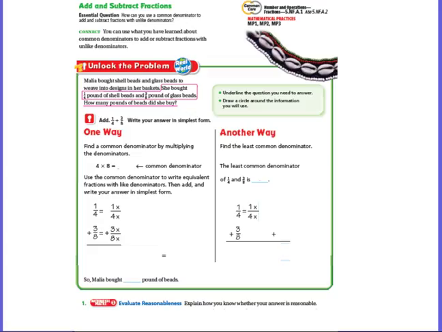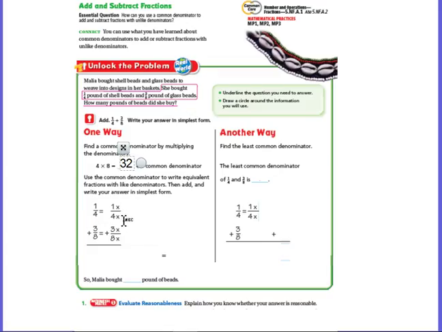So we know we're combining the two kinds of beads together, so we're going to add. One way we can do it is find a common denominator by multiplying 4 times 8, and that would give us 32. So 32 will be our common denominator.